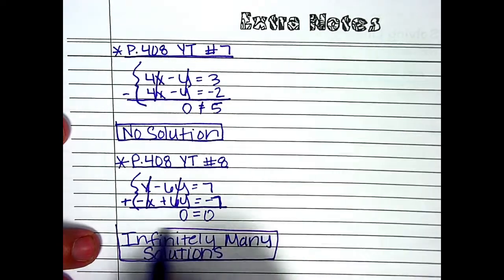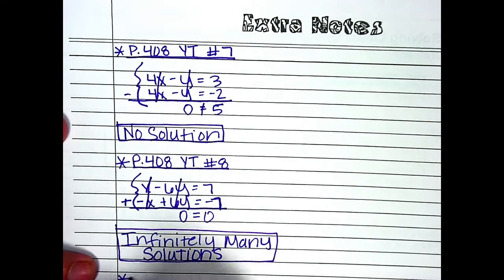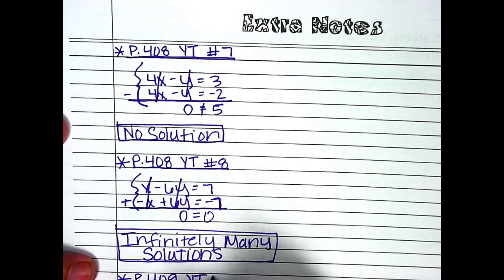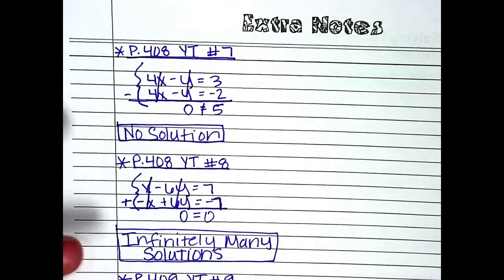Alright, and I have one final example for you today. It's on page 409. It's your turn, number 9. Okay, this one is a story problem. It says the perimeter of a rectangular picture frame is 62 inches. The difference of the length of the frame and twice its width is 1.